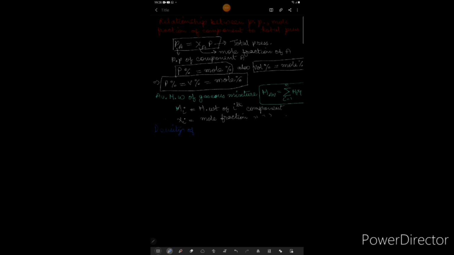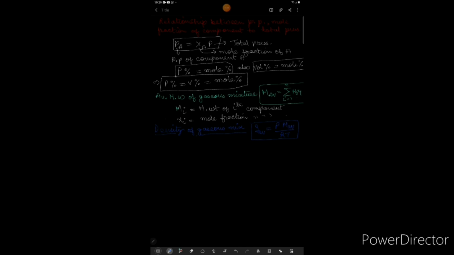Okay, so the density of a gaseous mixture. How can we calculate the density of the mixture? From the ideal gas law, PV equals nRT, we get density equals P times M average divided by RT.